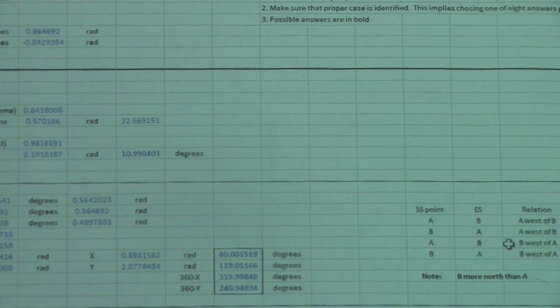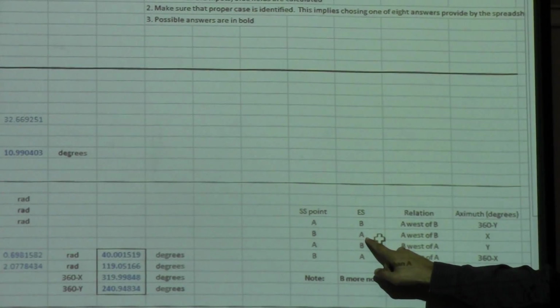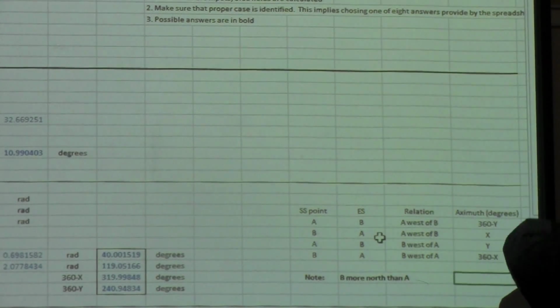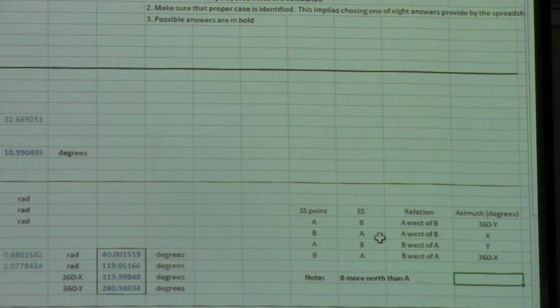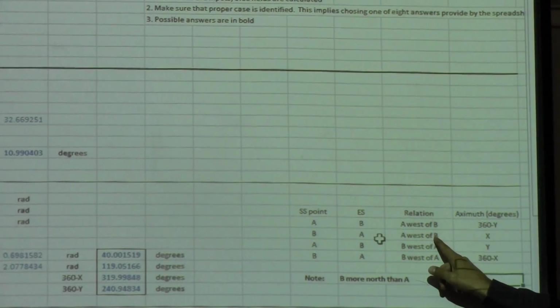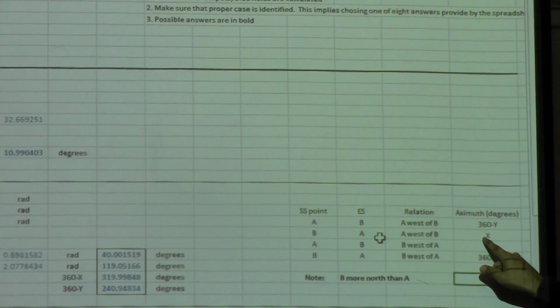Let's identify the case here. Your Earth station is at point A, right? Your subsatellite point is at point B. B is the point with a higher latitude, and A is west of B. So that's our case 2. So what I need to use is angle X, right?